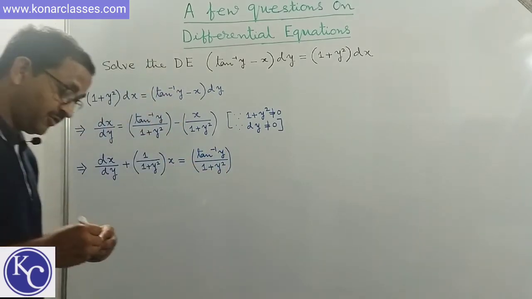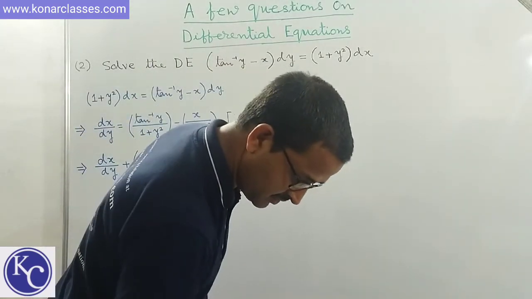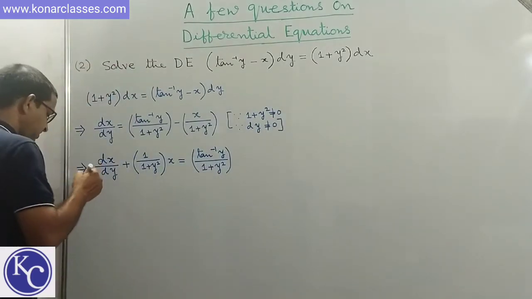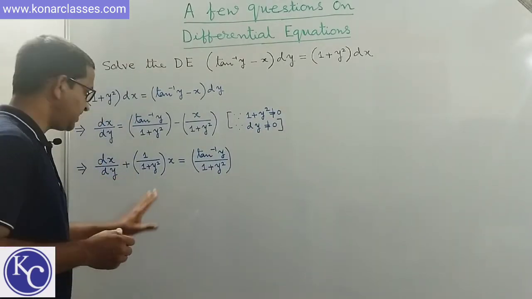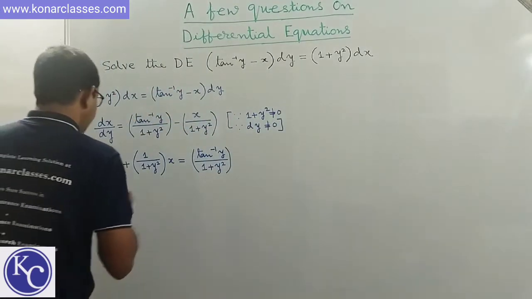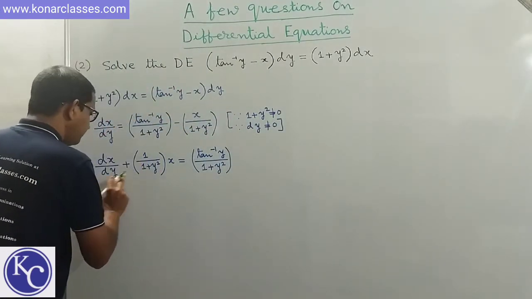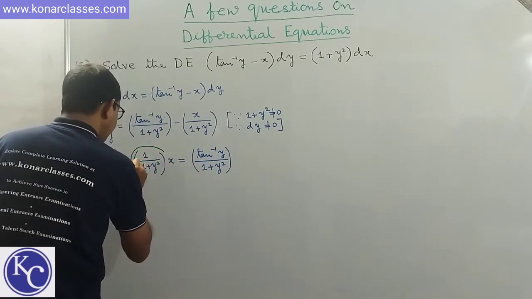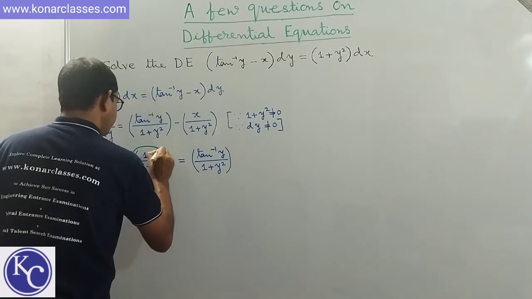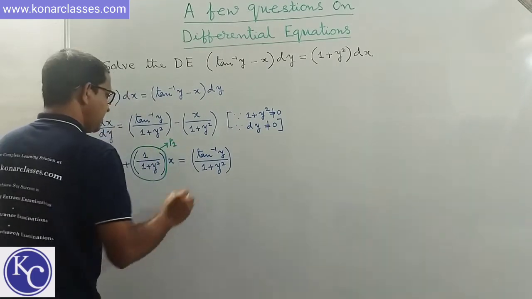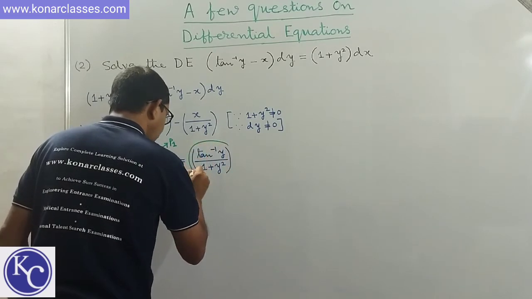And this is an important position. Why is it important, dear students? If we look at this particular differential equation, what we can say is that it is of the form dx by dy plus p1 x is equal to q1, where p1 is a function of y, as if this is p1 and as if this is q1.